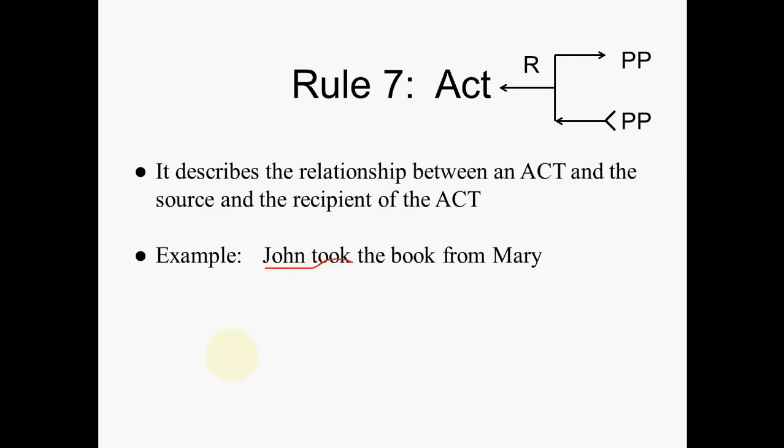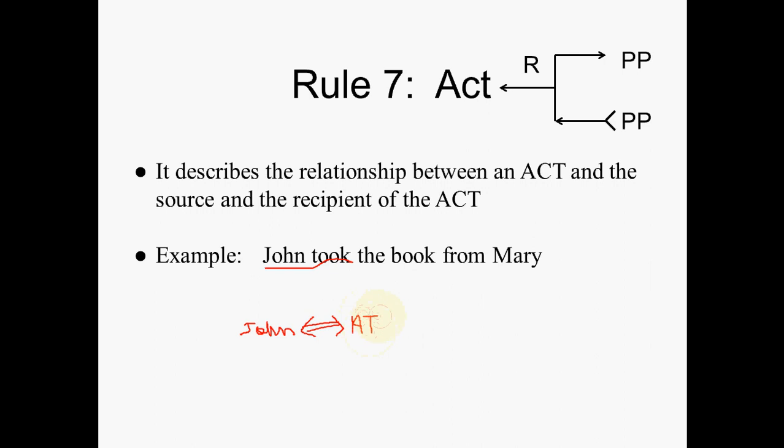So using rule number 1, you can write here John took. So it is a transfer of abstract relationship.